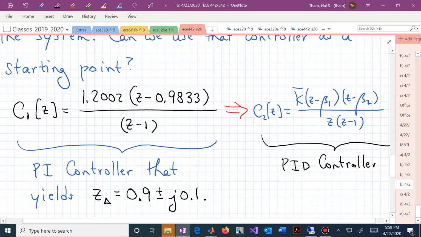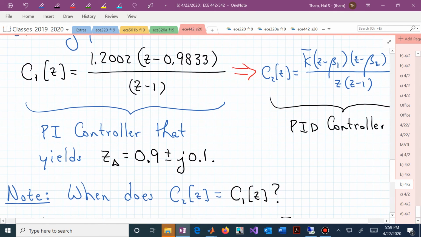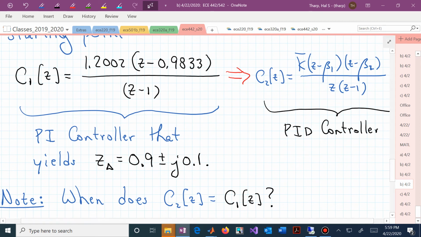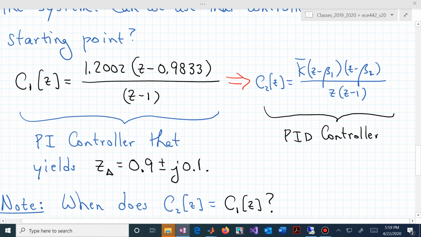Now we might say, well, I don't know how to move from that to C sub 2, where now I have another pole, and I have another 0, and I have this adjustable gain k. I have 3 parameters, beta 1, beta 2, and k bar, with which I can manipulate. But now you might ask, when is it possible, or when can C sub 2, this PID controller, be made equal to C sub 1 of z?